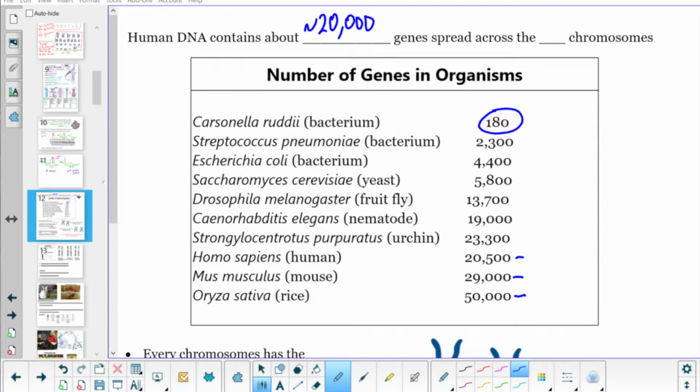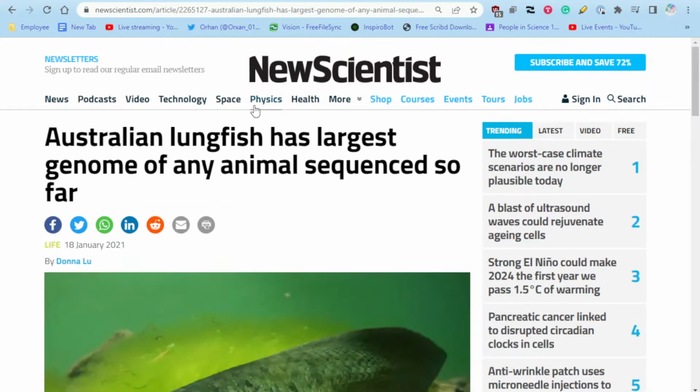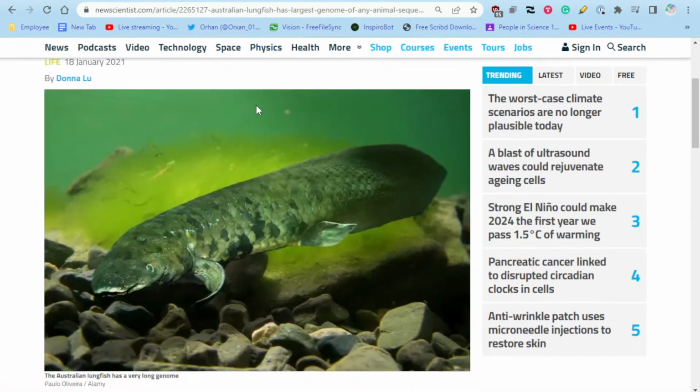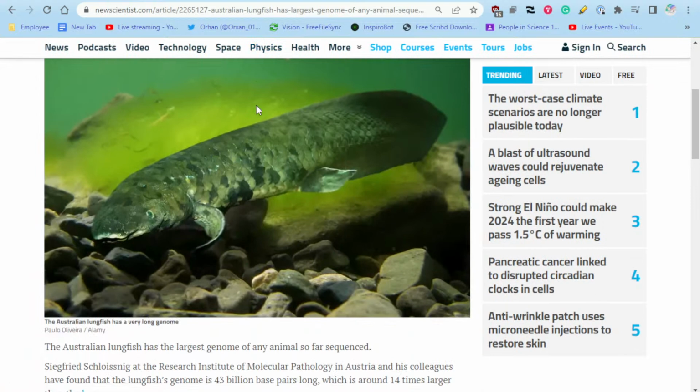Forget it. 2021. It's changed. It's now the Australian lungfish, which is cool. It was a little tiny fly in 2011, which I just looked up. I think one time we thought the onion held it. It keeps changing. You can have lots of genes that don't do anything.